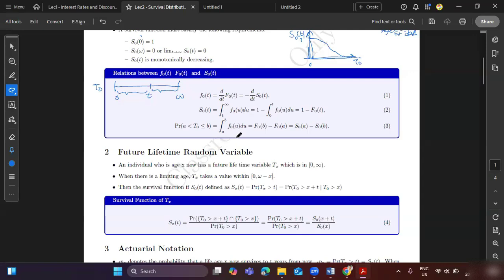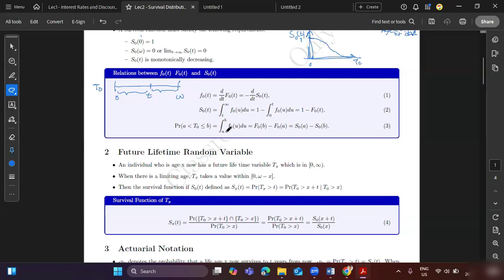We want the survival probability between age 35 and 50, where the person is a newborn at the moment.